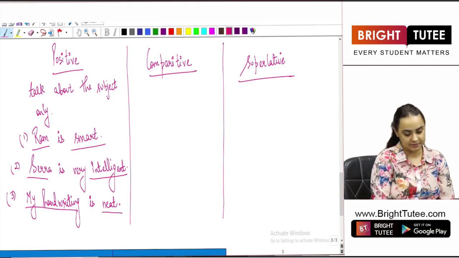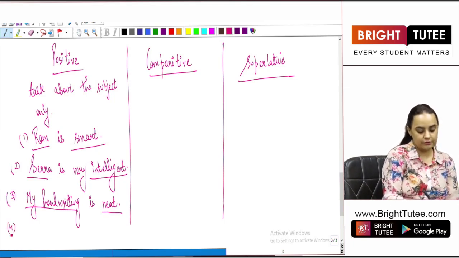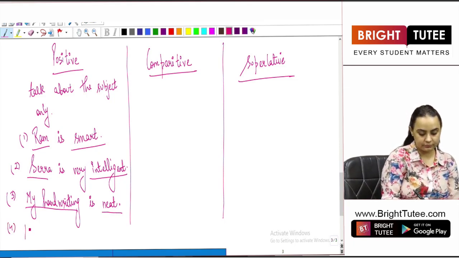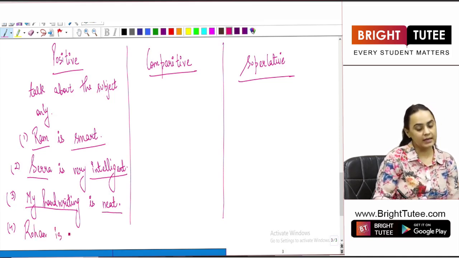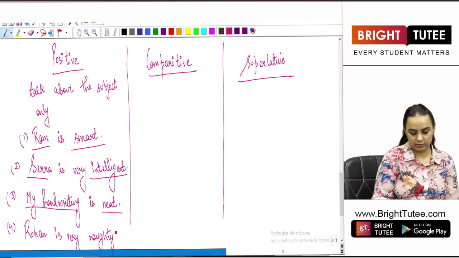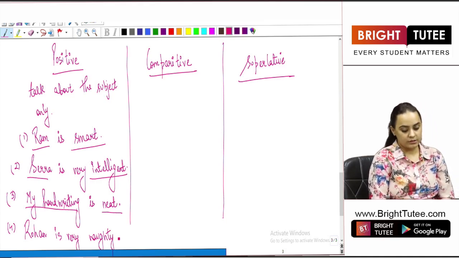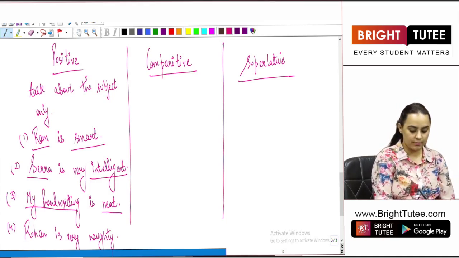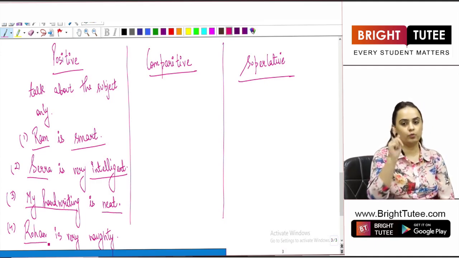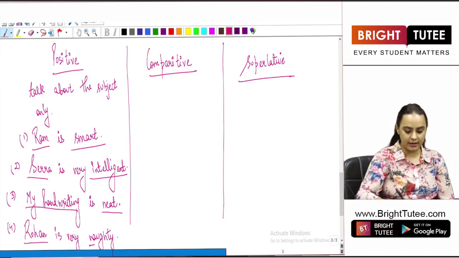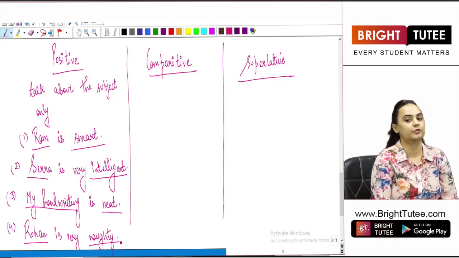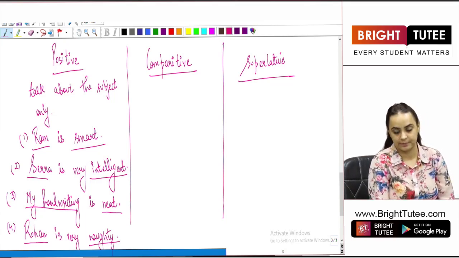Another example: Rohan is very naughty. What is my subject? Rohan. Just one subject I am describing, that is why my degree of comparison is positive.